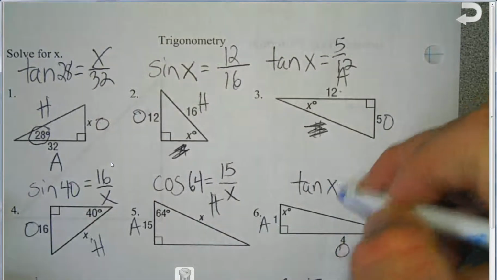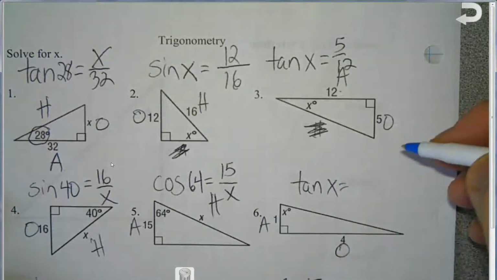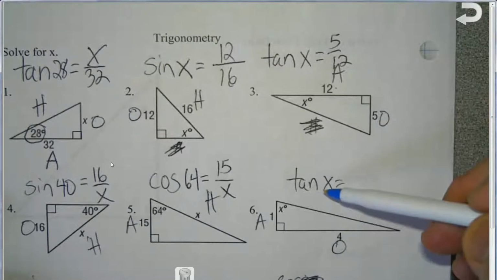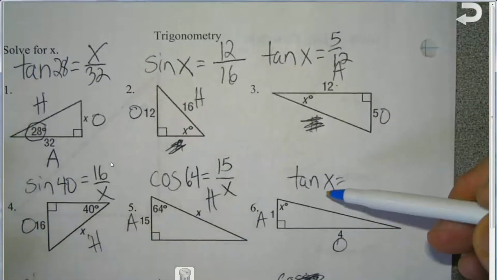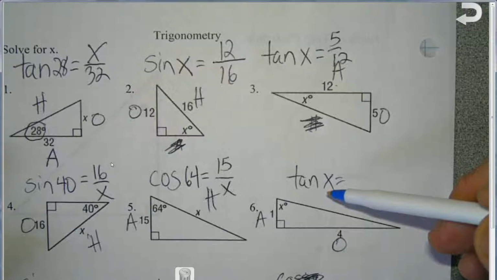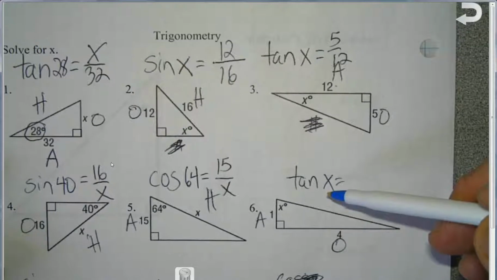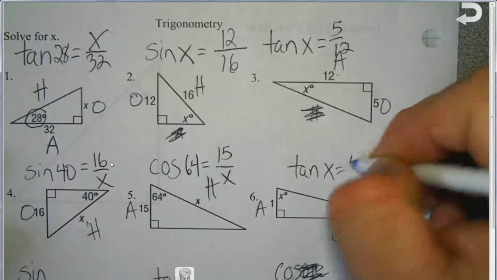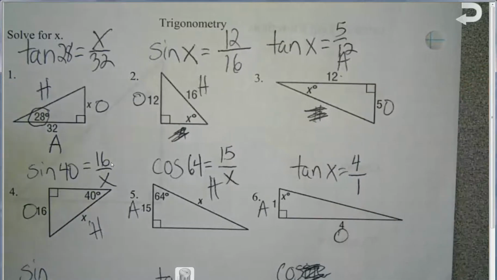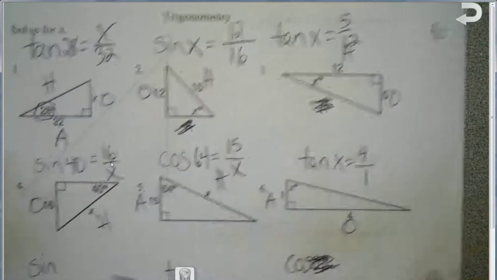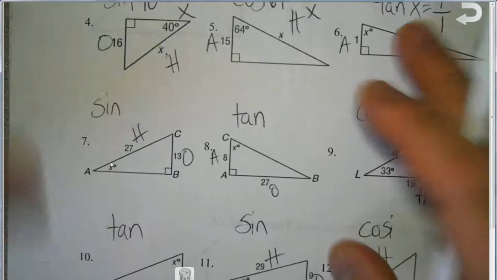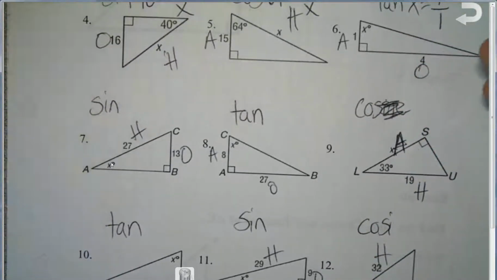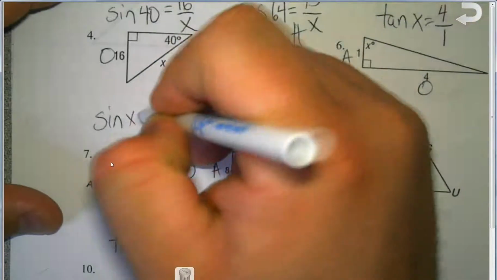Brandon, number 6. Tan x equals 4. You had it, but what's tangent? Okay. There you go. All right. Number 7. Graciel. Sine x equals 13 over 27.